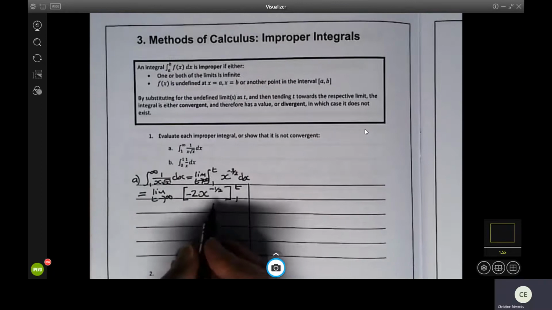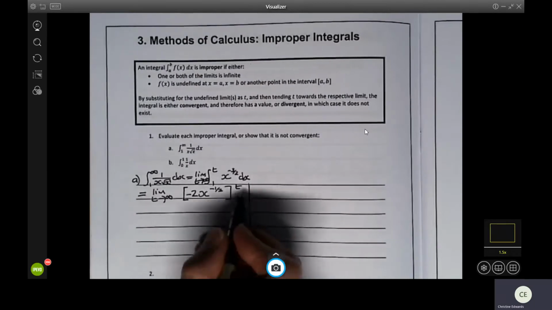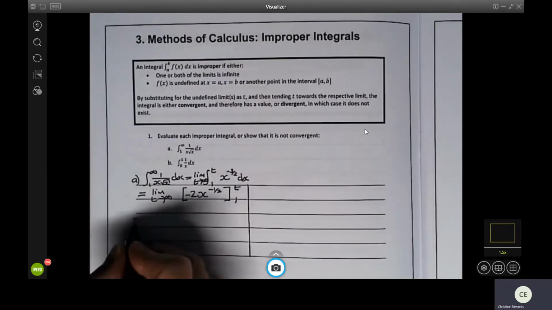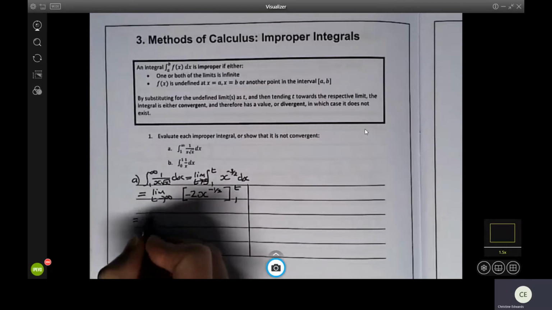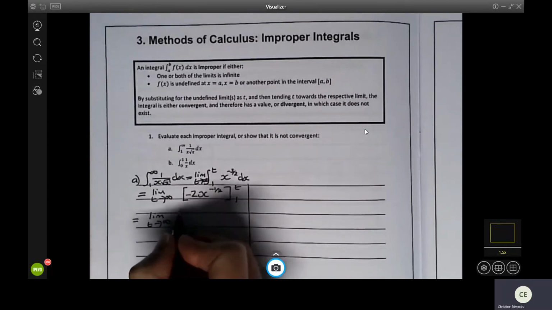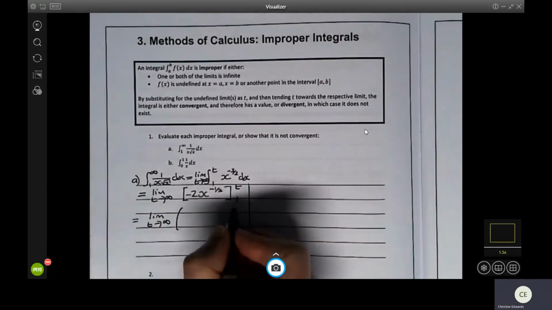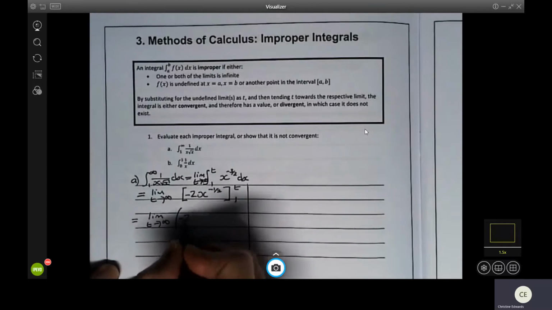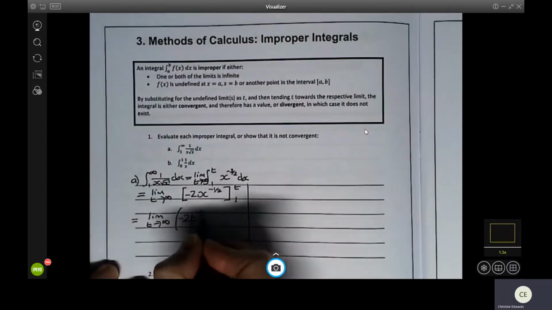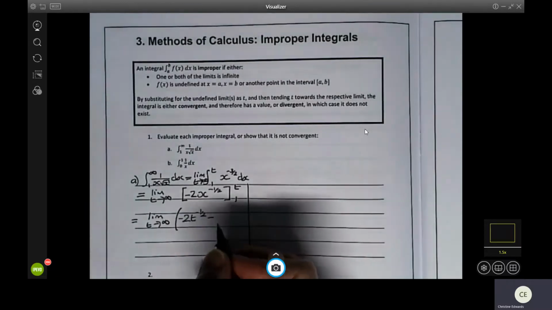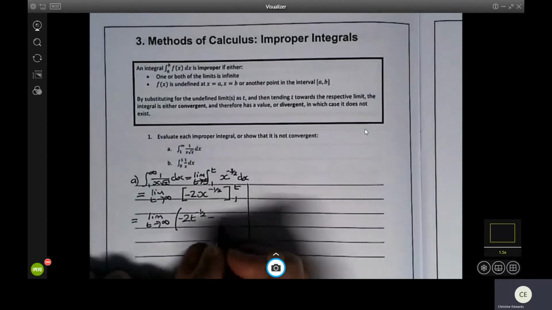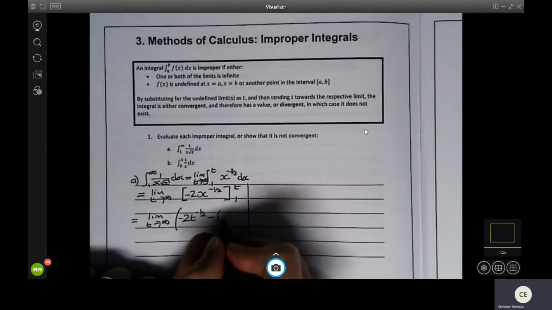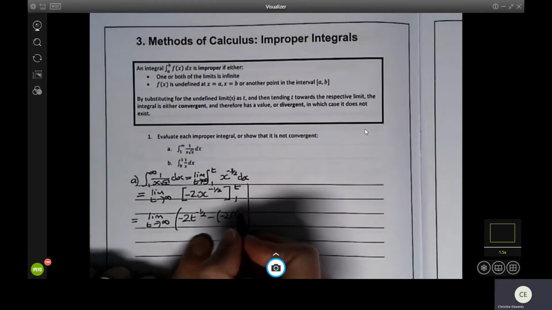So we now sub in our values as we always do when we are evaluating the integration. So we're working with the limit of t tending to infinity. I sub in the t, so I get minus 2t to the minus a half, and I take away the 1 subbed in, so that is minus 2. Putting in a 1 to minus a half, which is 1.